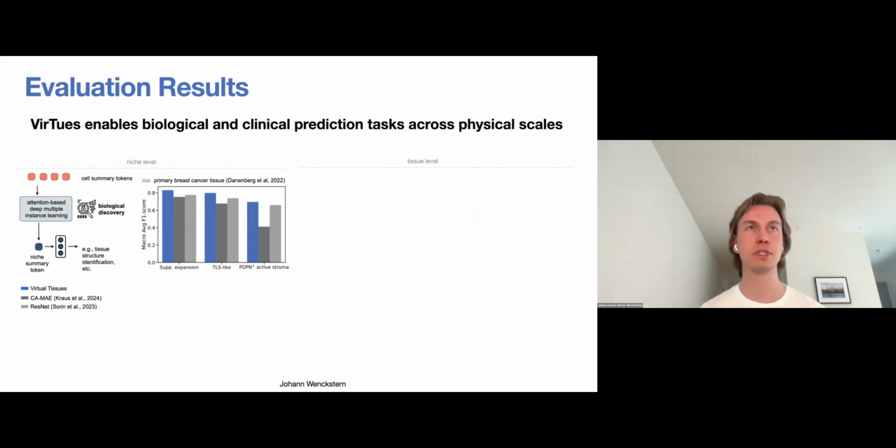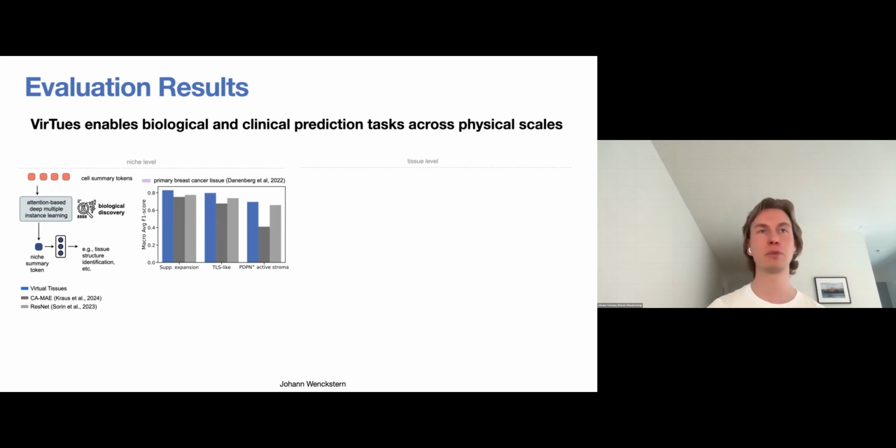And specifically, in our study, we looked at the Danenberg et al. dataset of breast cancer, where the authors identified different multicellular structures associated with an increased or decreased hazard ratio. And we tried to predict the presence of these multicellular structures within a niche in a binary manner.